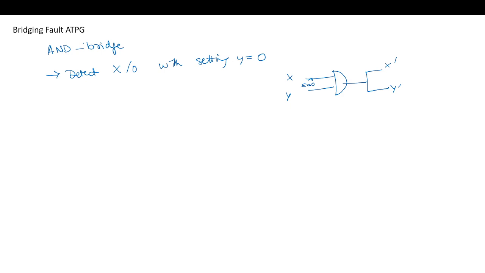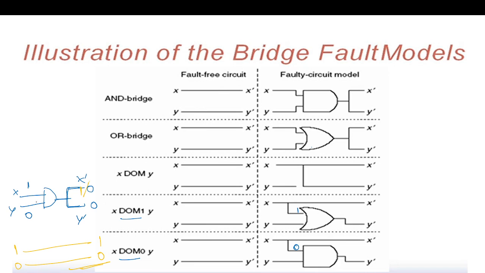If we apply 1 here to excite this and a 0 here, this example we have already seen. And similarly for y stuck at 0 with setting x equal to 0, here we have set 1 0.